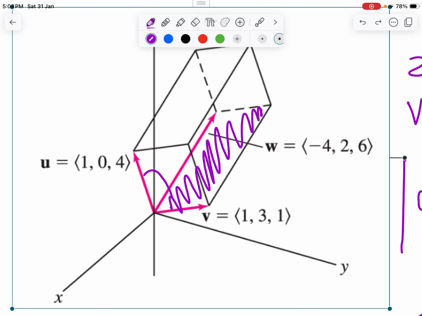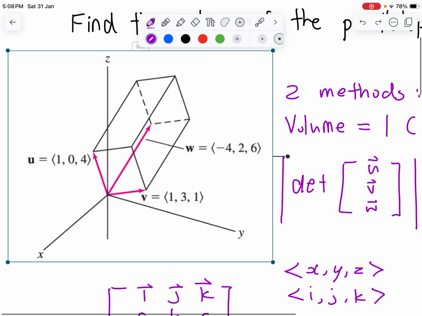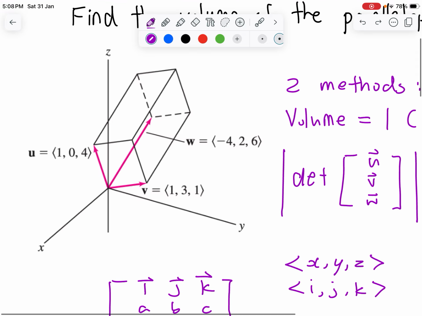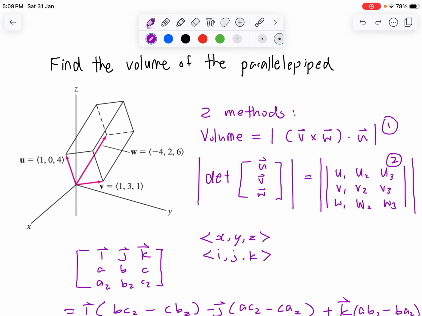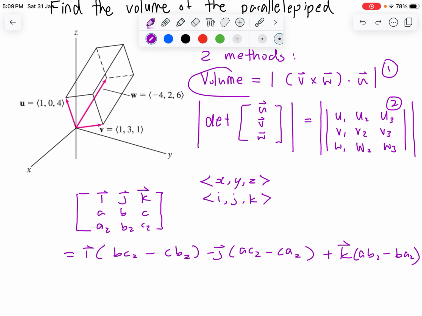So remember from previous algebra classes, it's always like, for example, length times width times height when it comes to volume. And so the idea is really the same, except we're just trying to do it with vectors. So for this first problem, let's try using the first method.